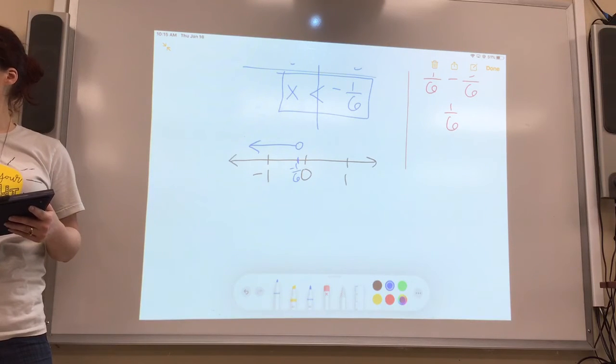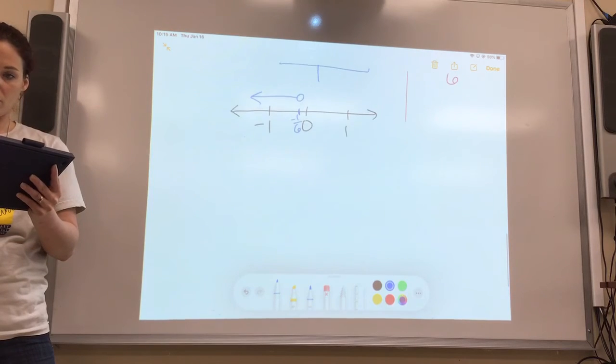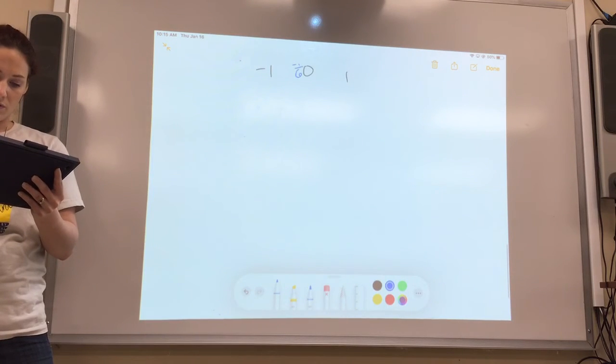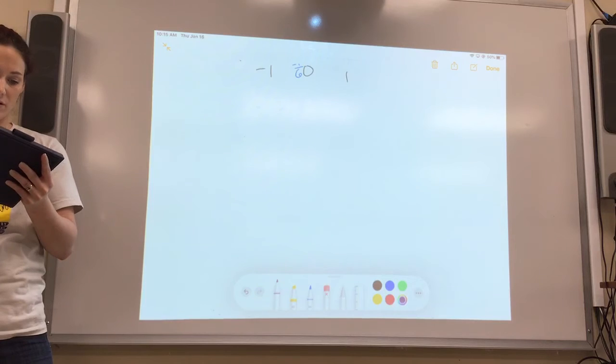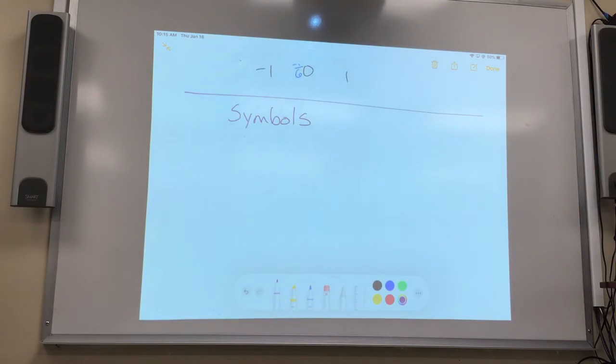All right, let's do some vocabulary. We just want to do some work on the symbols.